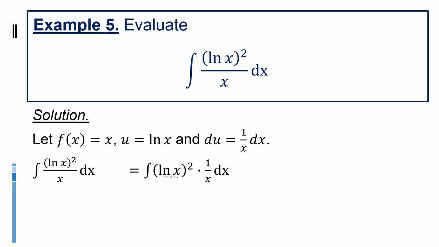And this is just u, and this is du. So we have integral of u squared du. Or that is now u cubed over 3 plus c. By substituting u, we have ln x cubed over 3 plus c.